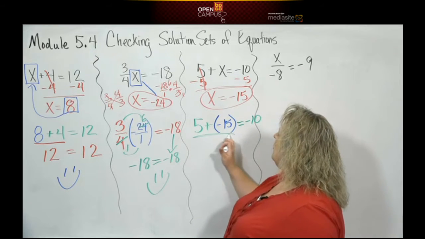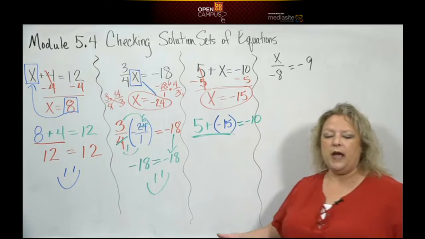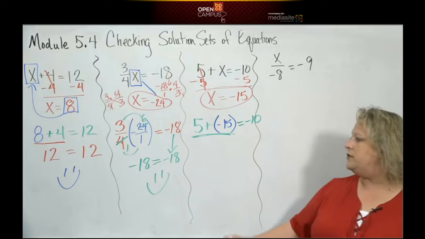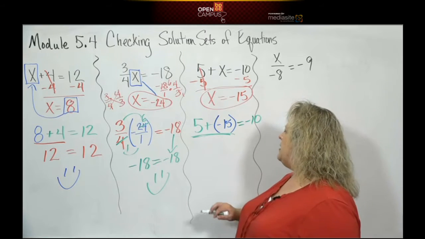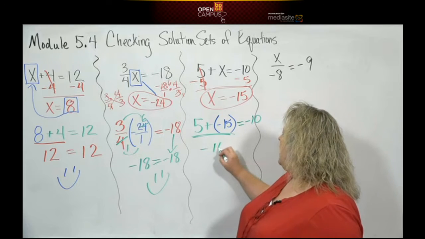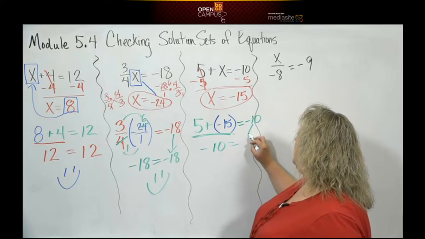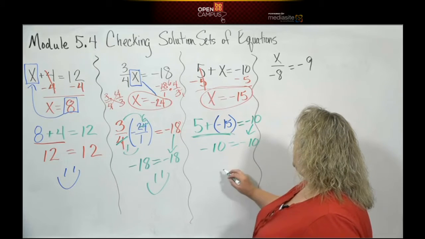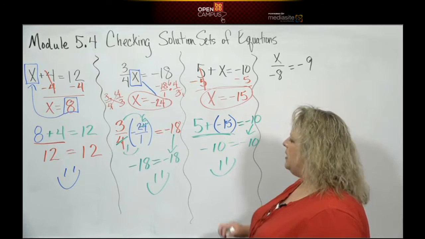All right, order of operations says when you have two numbers that have different signs, what do you do? You subtract and take the sign of the bigger number. So 15 minus 5 is 10, and look at that, it's negative 10. And then when I bring this one down, look at that, 3 for 3.